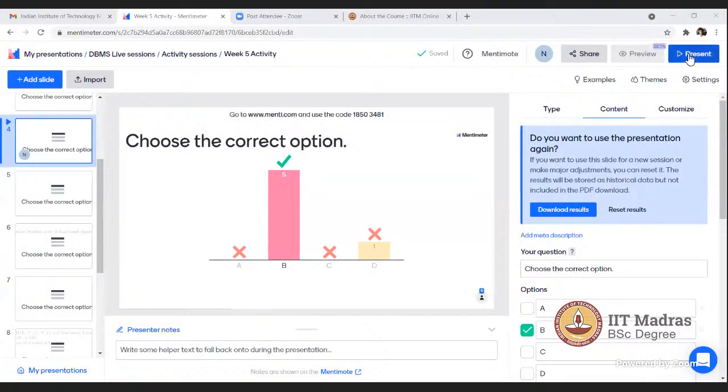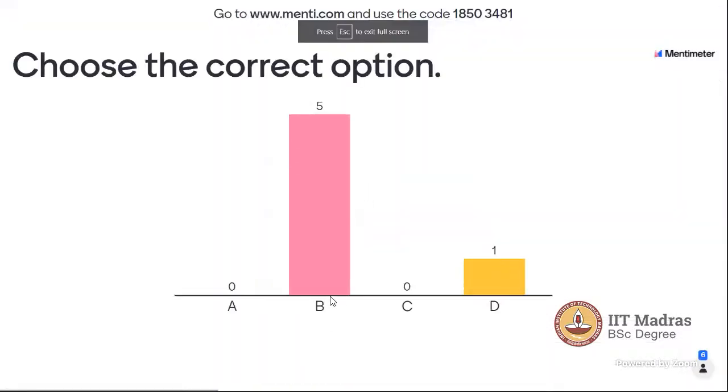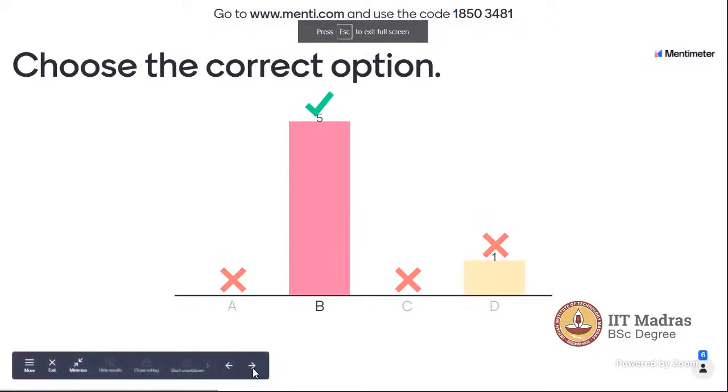Is my screen visible now? Yeah. You can go to the next question now.